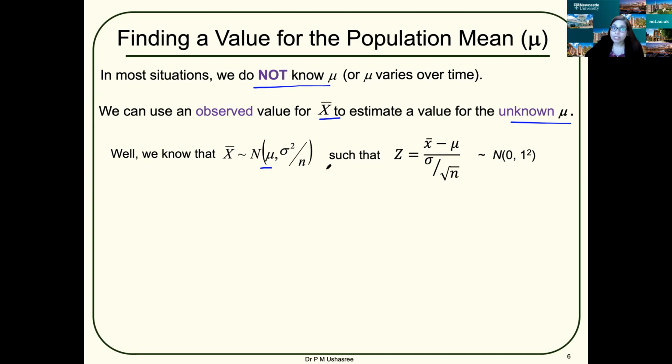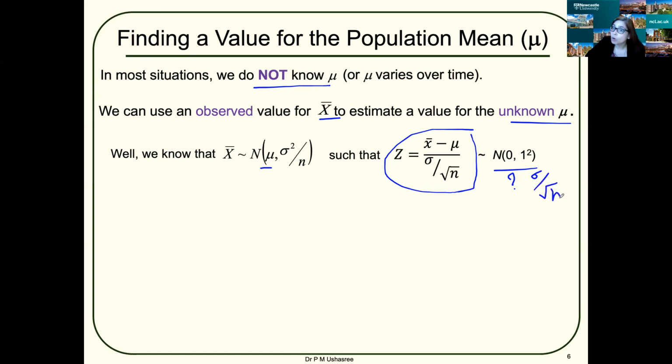We can transform this into a standard normal distribution using this transformation formula. So what is the standard error here? It is sigma by root n.